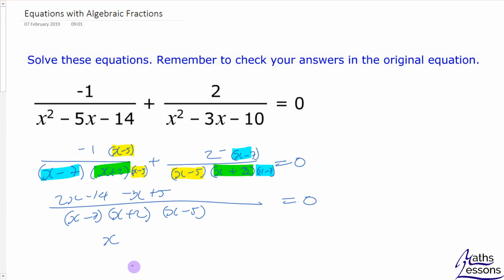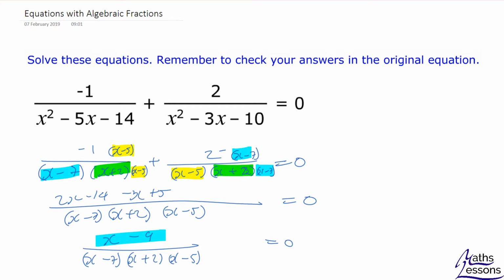I've got minus 14 plus 5. That's going to give you minus 9 on the top. And I'm going to write all this on the bottom. And then the key thing to remember is if this is going to be equal to 0, then the only thing that needs to equal 0 is the top. So therefore x equals 9 is the answer.